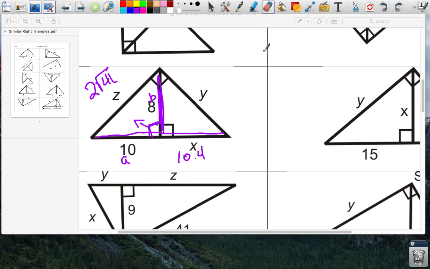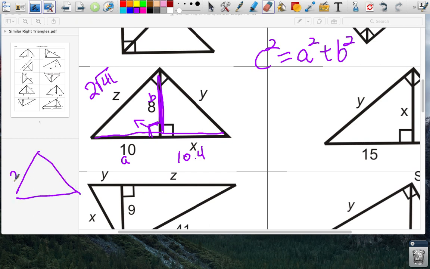In the Pythagorean theorem, c squared equals a squared plus b squared. Remember, c always represents the hypotenuse. So let me show you the triangle, the big triangle. That's 2 square root of 41. This is my 90-degree angle. This side is the sum of 10 and 10.4, which is 20.4.